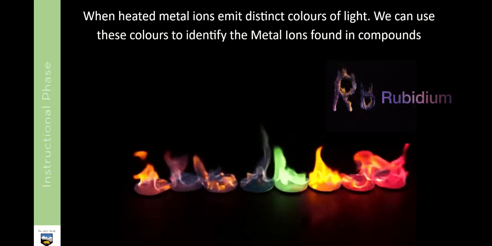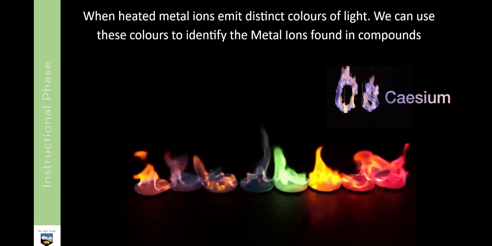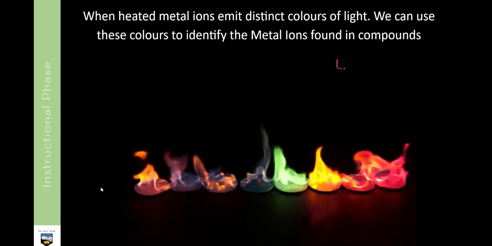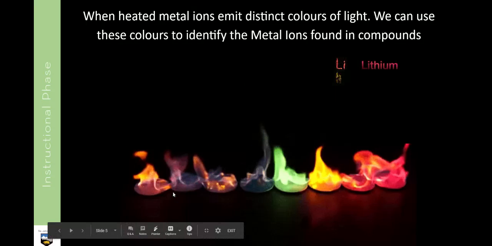Rubidium, cesium. Okay, so that's just showing you an example of when metal ions are heated, how they give out colour. And we can use that colour to identify metal ions in an unknown compound.